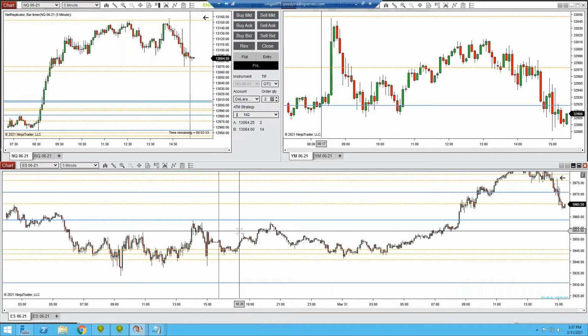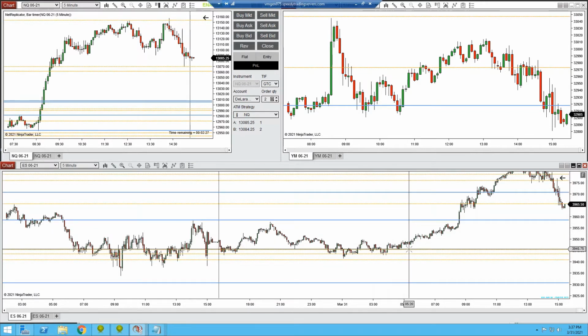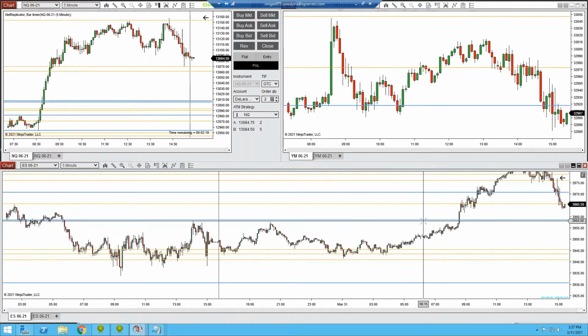But when you see really big gaps in the prices, and by big gaps, I mean really anything bigger than 10 points on the ES, that's a big sign that we're going to have some volatility or indecision in the market.